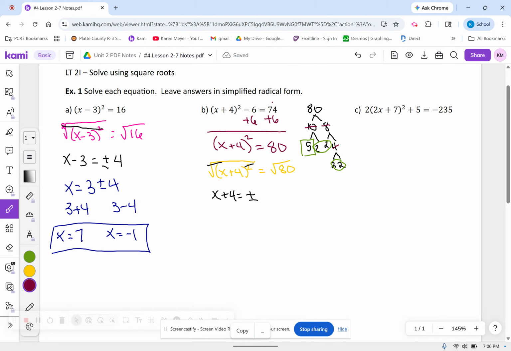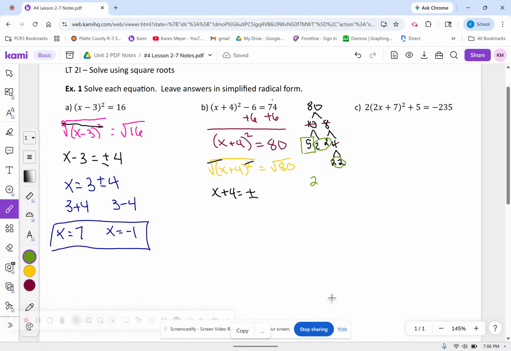So I get to put 2 for the first pair on the outside of the root. I get to put another 2 on the outside. And I'm going to multiply those together. And then inside the root, I get to put my leftover number, which is a 5. So I would have 4 square root of 5.